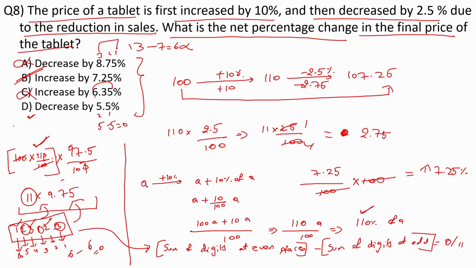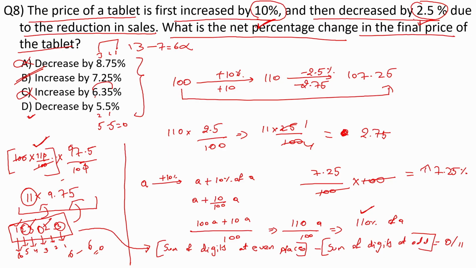So in order to conclude, I would again go to the question. Look at the question, guys. The price of a tablet is first increased by 10%, and later it is decreased by 2.5%. So the amount that I have increased is more than the amount that I have decreased, right? At first I increased the value by 10% and later I decreased the final value by 2.5%.